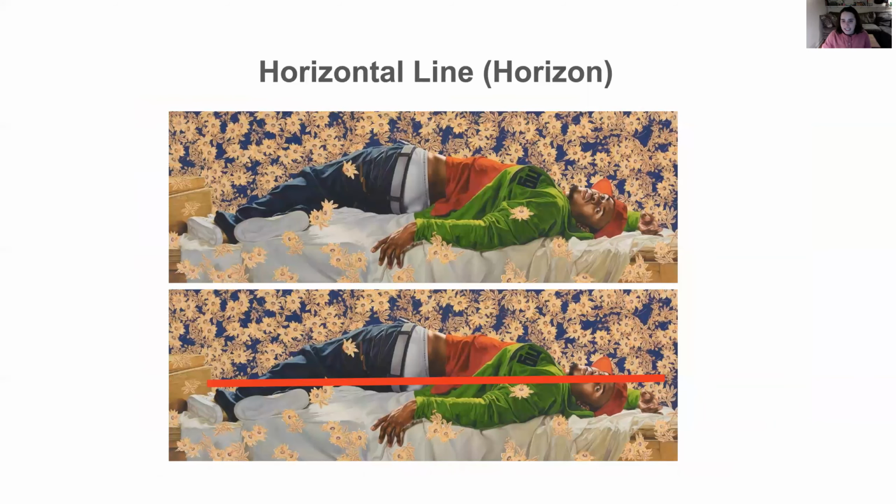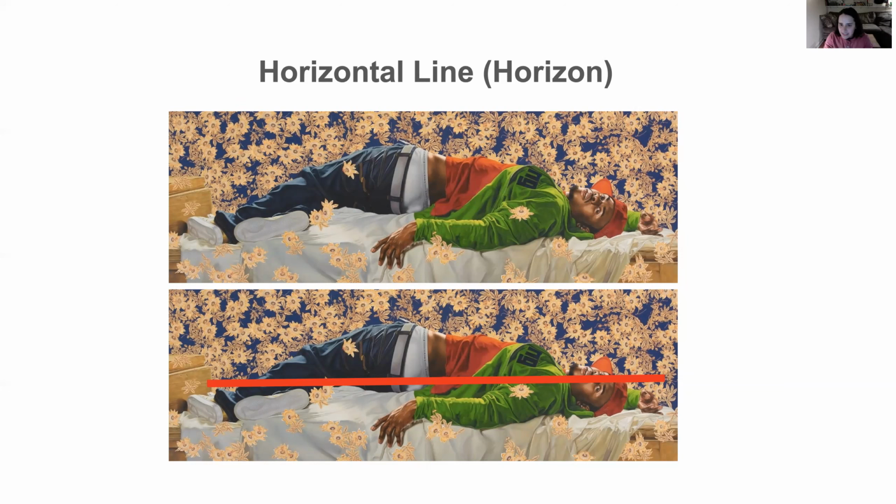So to contrast that, the horizontal line or the horizon, you can think of being on the beach and just seeing that nice horizon line and how calm and soothing it is. In this case, the horizontal line again is calming. It's the body at rest or the body sleeping. So it's not active.